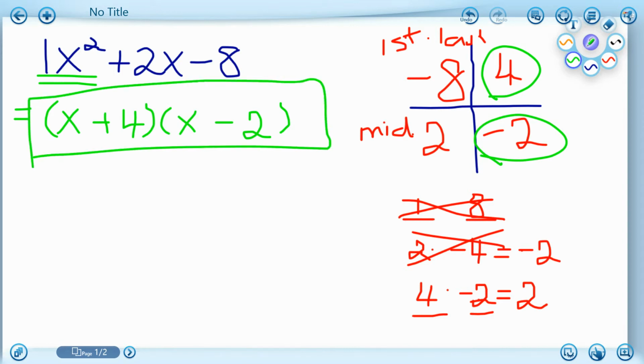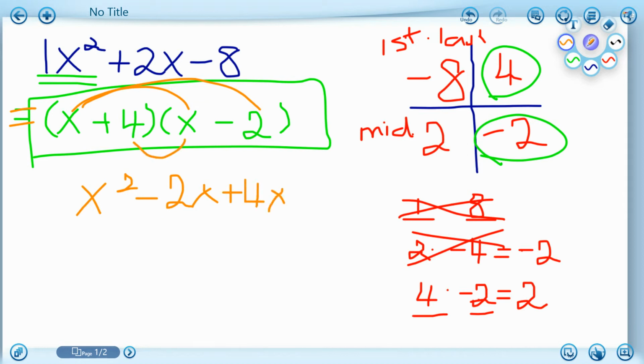Now, in order for me to show you that this really does work and that these two are equal to each other, I'm going to FOIL these out and check if the answers are correct. First times first gives you x squared. The second layer of the rainbow is -2x. The third layer gives plus 4x. The last layer gives me -8.